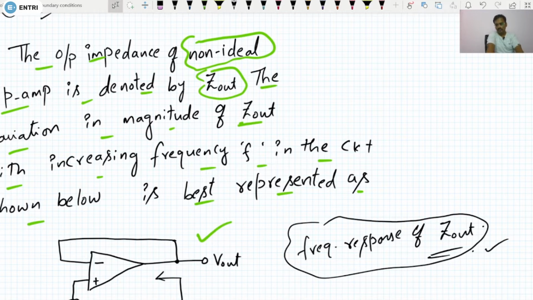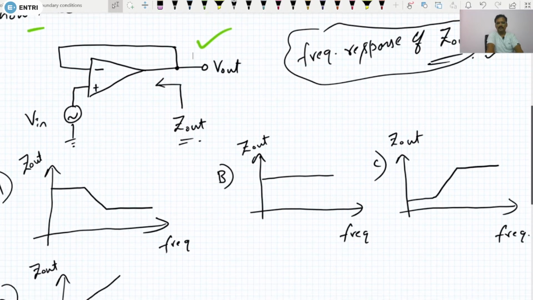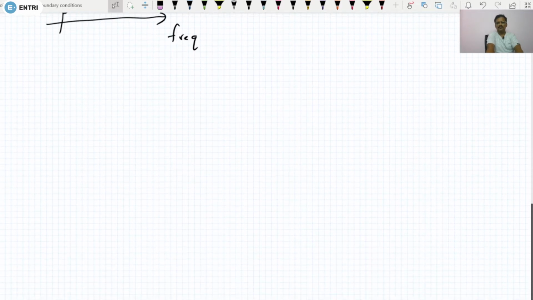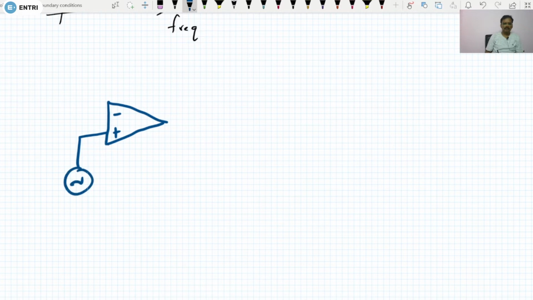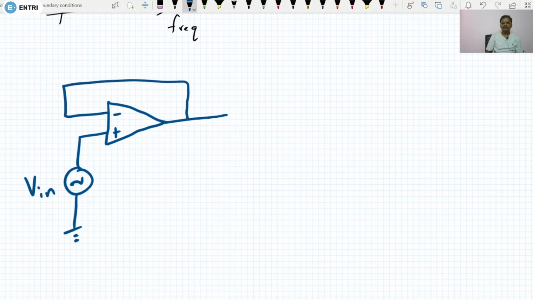The given circuit is nothing but a voltage follower circuit, we know that. So this is the given circuit, this is minus and this is plus, and here this is V in, and this is V out. We have to determine this Z out here.